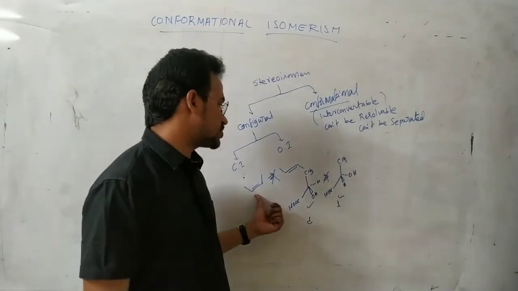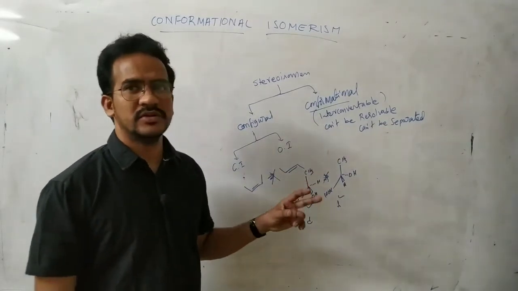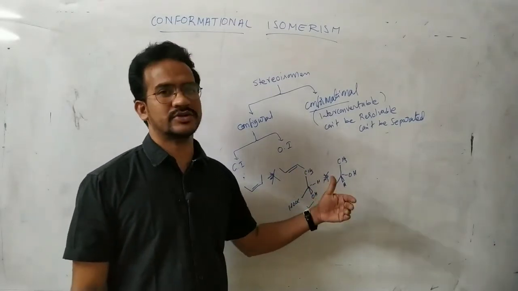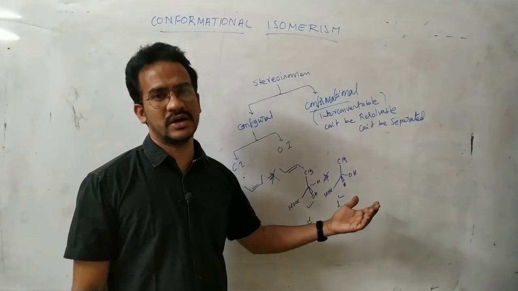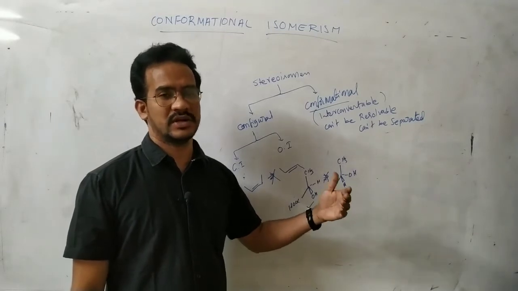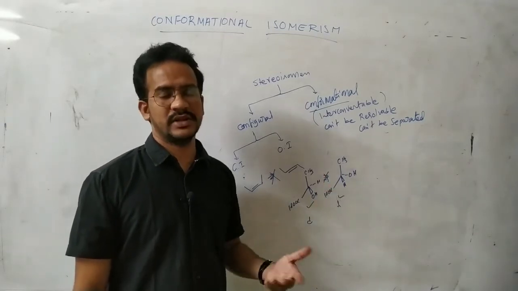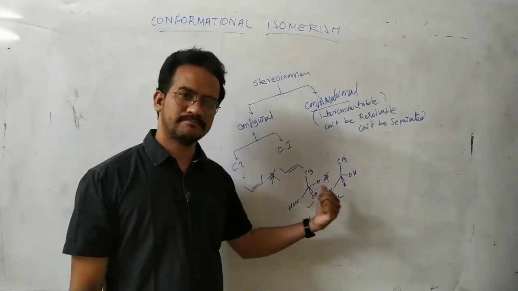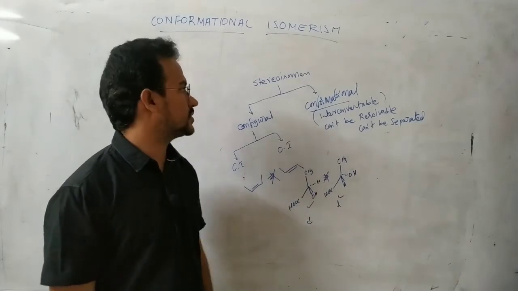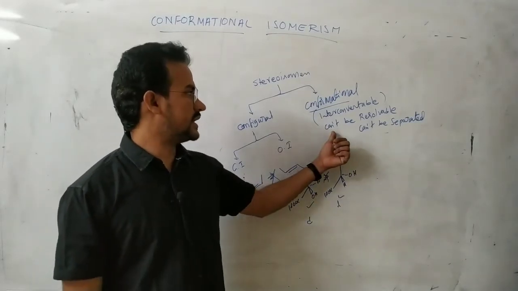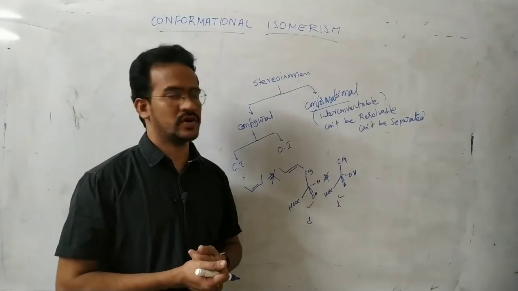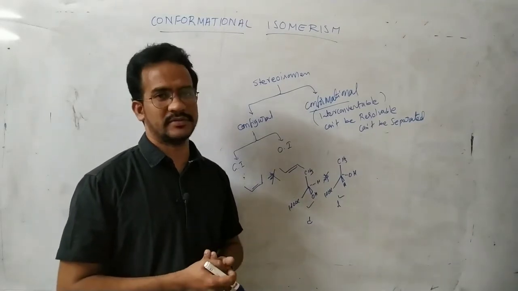We can separate cis-2-butene and trans-2-butene, as they have different properties. Dextro-levo isomers can also be separated by the method of resolution we discussed, the diastereomeric method for separating a mixture of enantiomers. Conformers, being interconvertible, cannot be resolved or isolated.